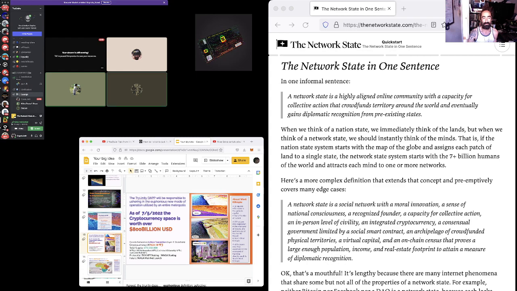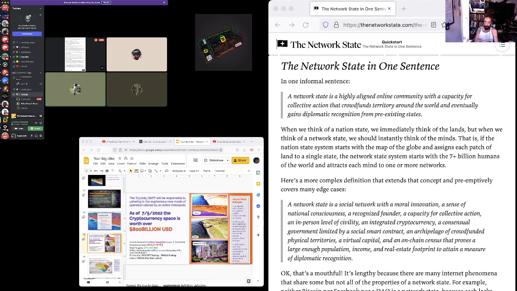No problem. Before you go, on the Discord, I think you can see my brother's screen. He's live streaming his screen right now. Yeah, I can see the stream. Screenshot that, because that one page, the informal sentence and then the detailed, complex definition of what a network state is, is really the inspiration for this entire project.